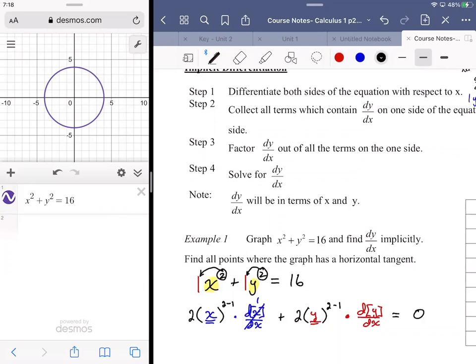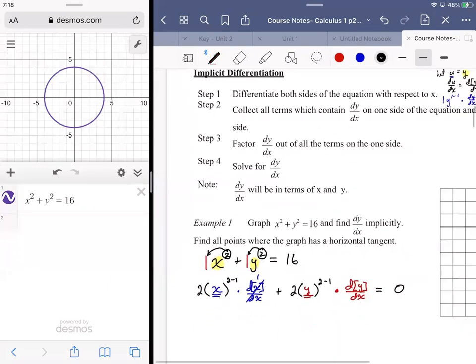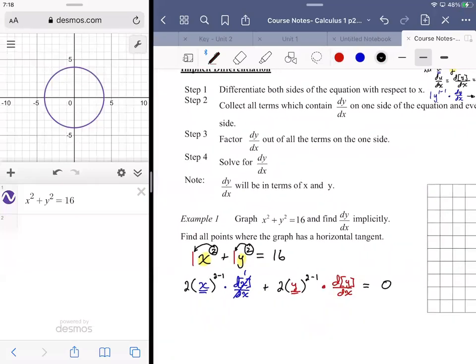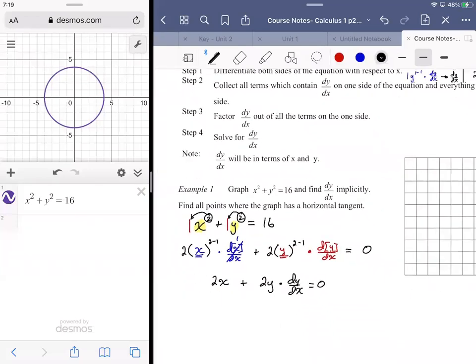So it's like, all right, well, at least there's something understandable in all of this. But when you simplify, we get 2x plus 2y times dy dx is equal to 0. Then our last part of the process is to just solve for dy dx. So I would subtract the 2x from both sides.